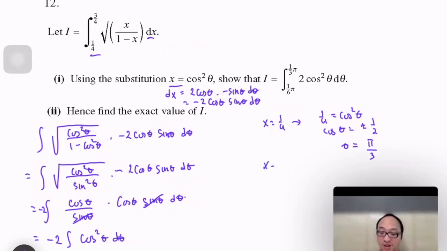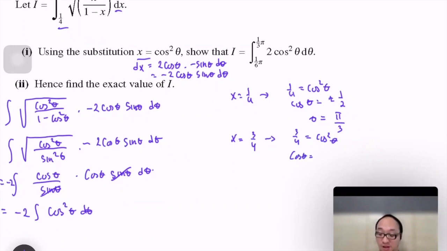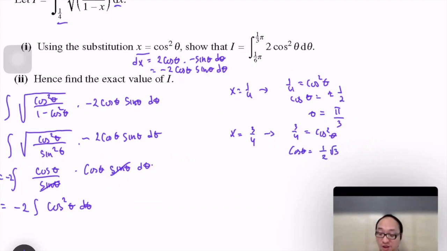When x equals 3 over 4, yeah, x should be positive in here, 3 over 4 equals cos square theta. So the same thing, cos theta is 1 over 2 square root of 3, which is theta equals 1 over 6 pi.